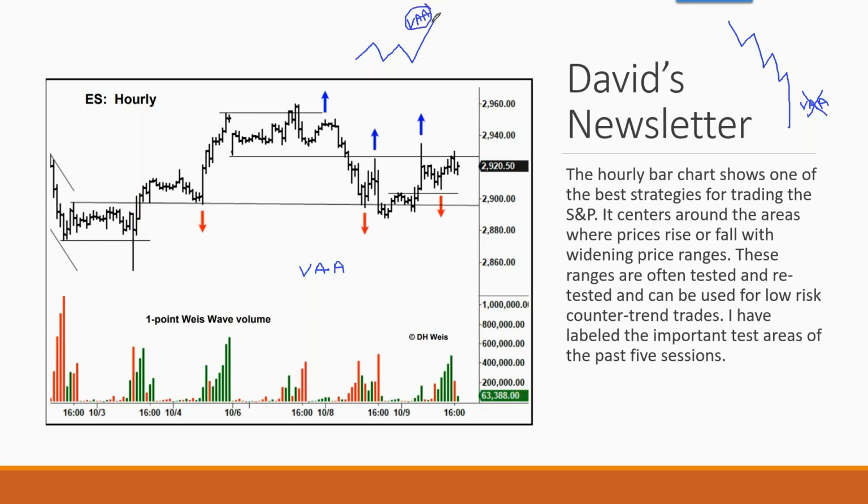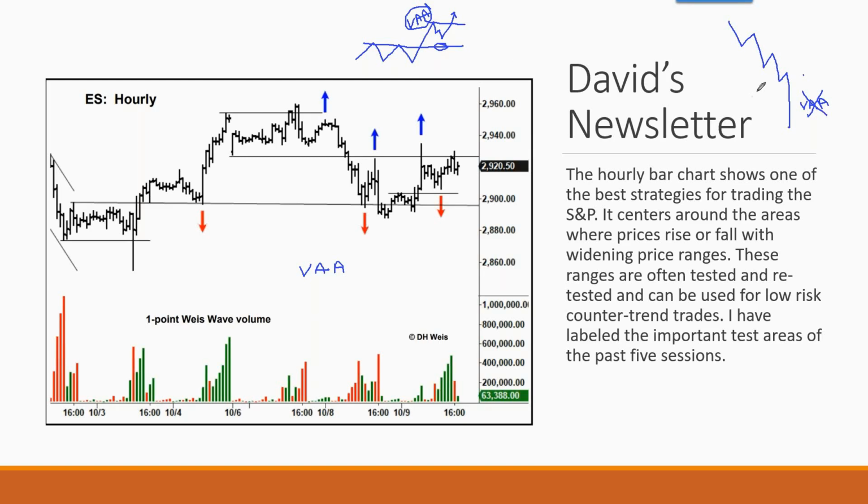That's what we want. Now we wait for a small retracement, maybe back to here, maybe not. And then we anticipate, just like new momentum, that the vertical acceleration will continue. We'll have follow through and push above the last little swing high or low, depending on what it is.